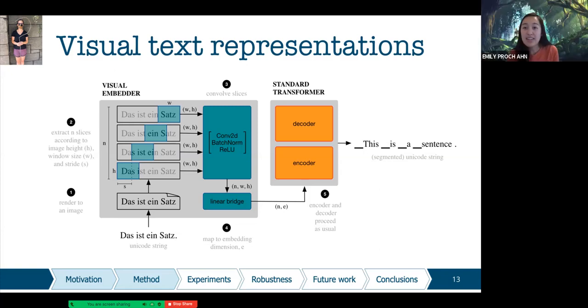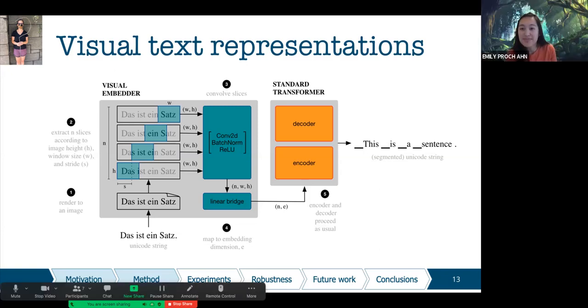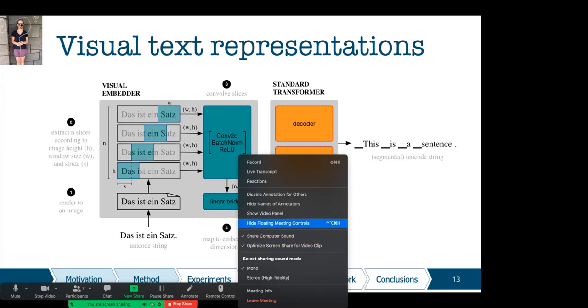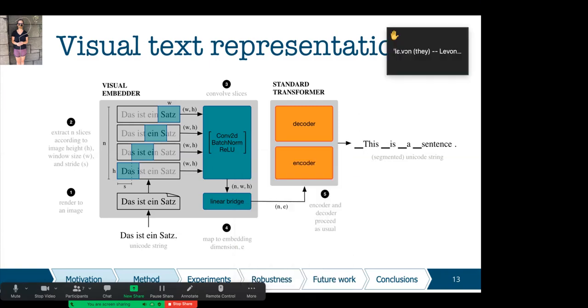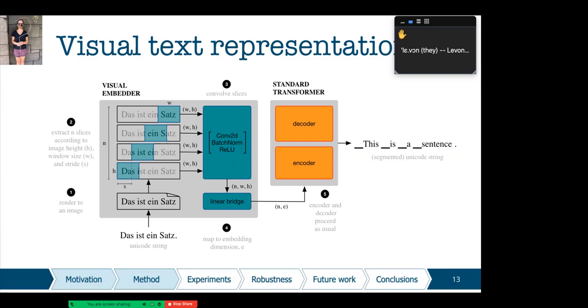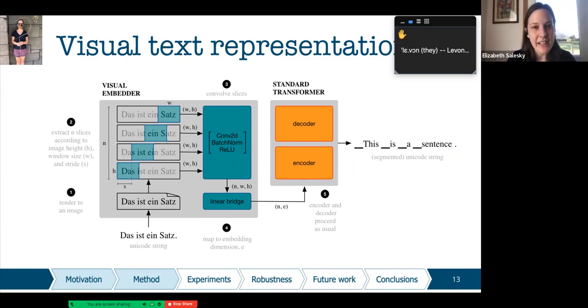Great, and then Levon has a hand up too. Yeah, I was wondering, because you've talked about Arabic as one of the languages you've experimented with, which is written right to left, does that change how the input works? It doesn't. That's a great question though.